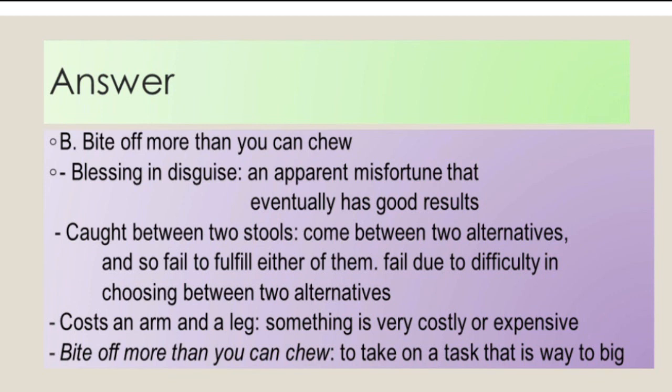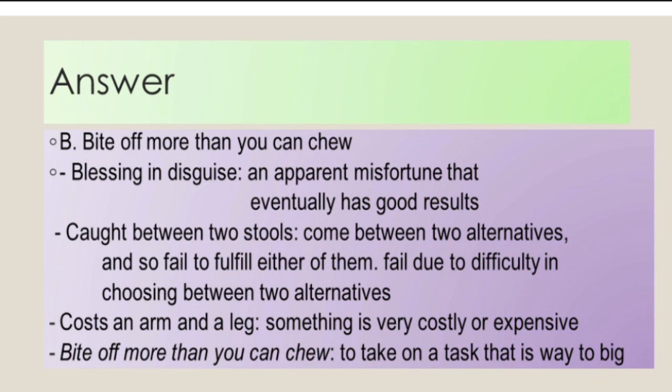Caught between two stools. Come between two alternatives, and so fail to fulfill either of them. Fail due to difficulty in choosing between the two alternatives. Cost an arm and a leg.